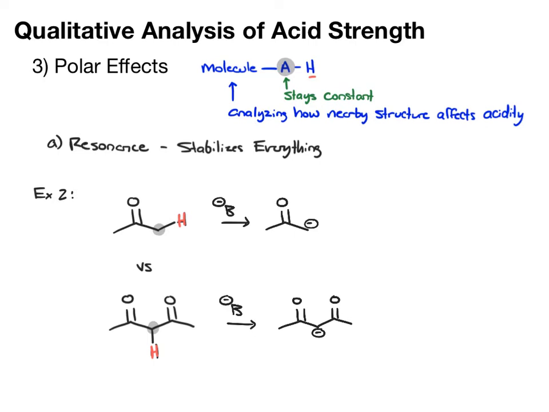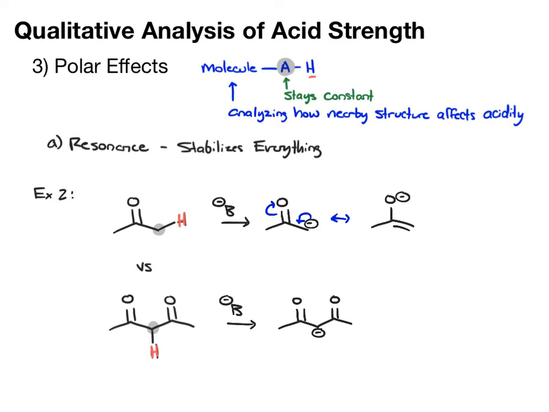Now, you might just look at this and say, well, both of these have resonance, so how can we make a comparison? This one has a resonance structure, like that.